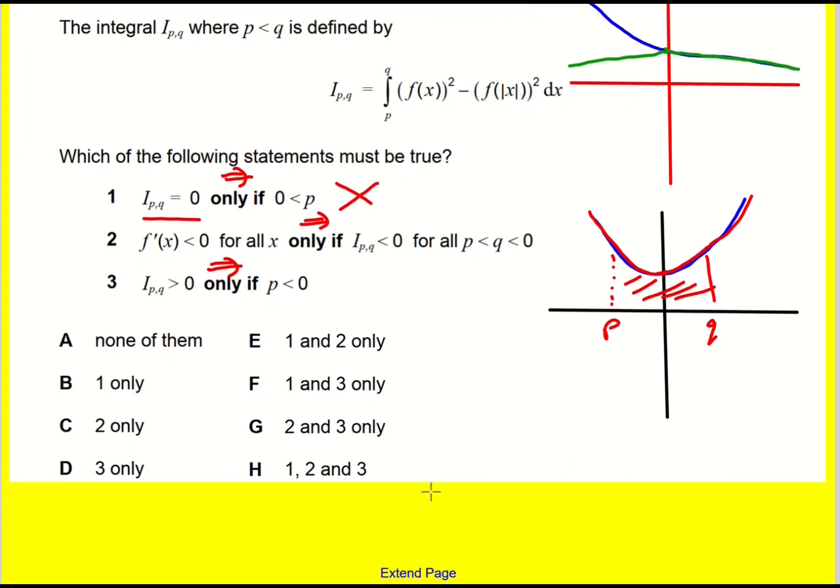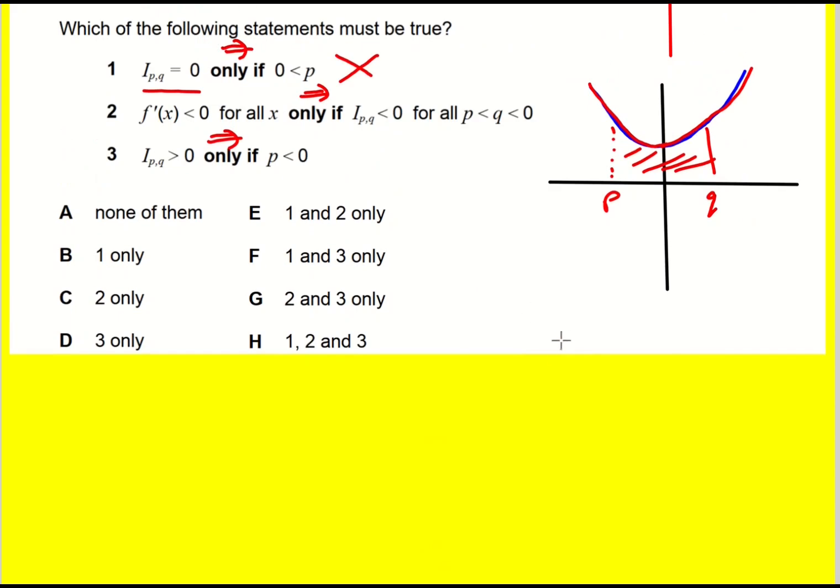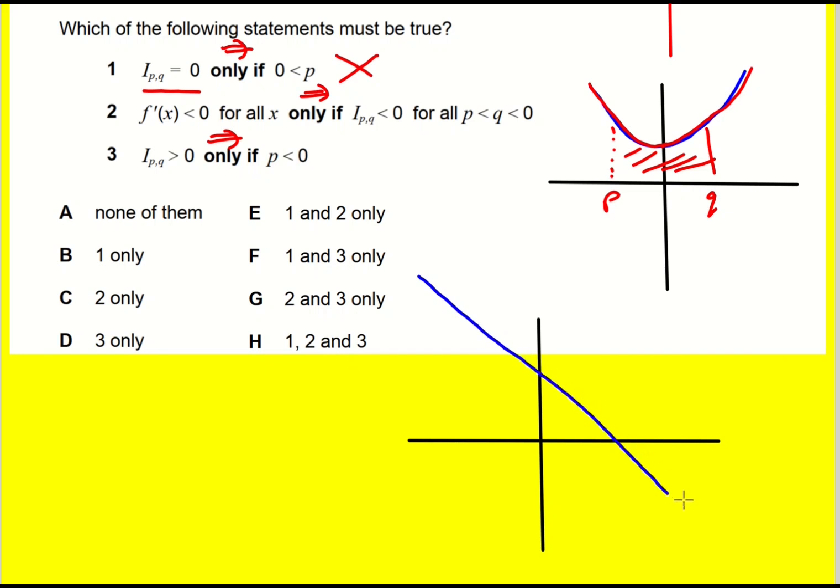Let's look at statement 2. So a negative derivative, i.e. the function is always going to be decreasing, implies that this integral is going to be less than 0 for all p and q less than 0. So let's just consider this kind of situation. Some sort of decreasing function. I mean, it could be a straight line or it could be something else. Right, so that would be my original function.